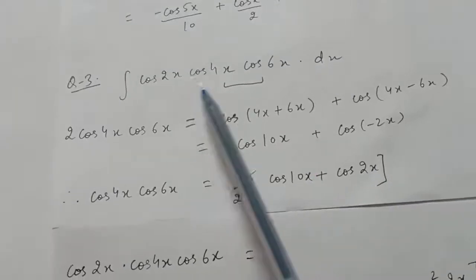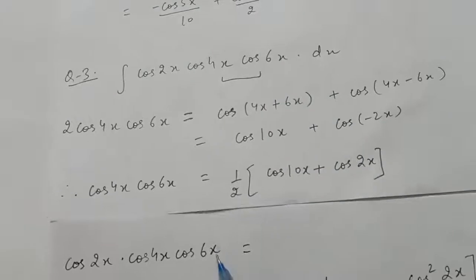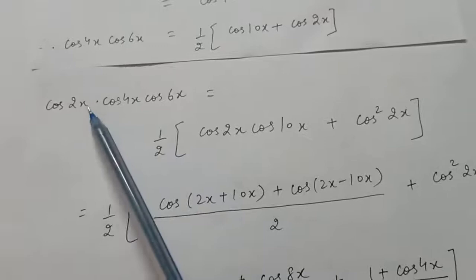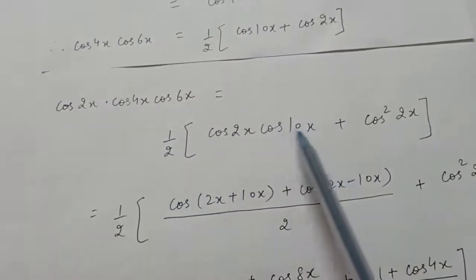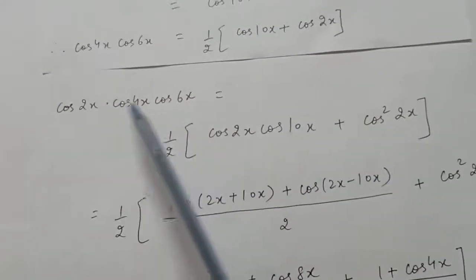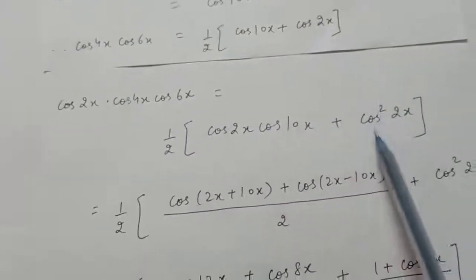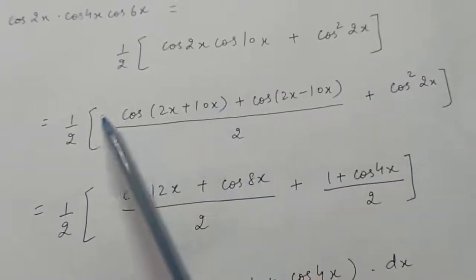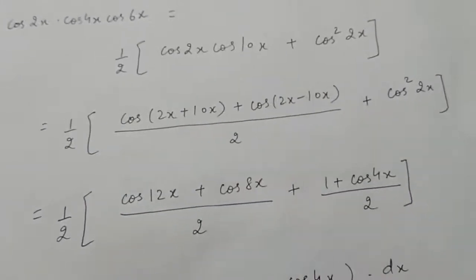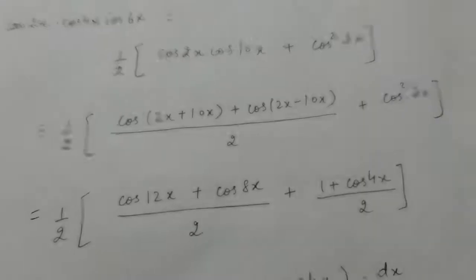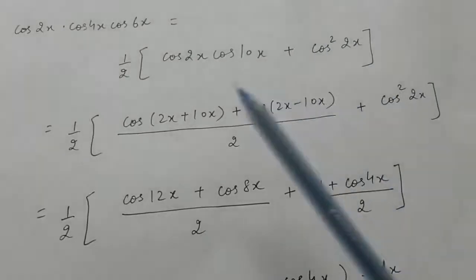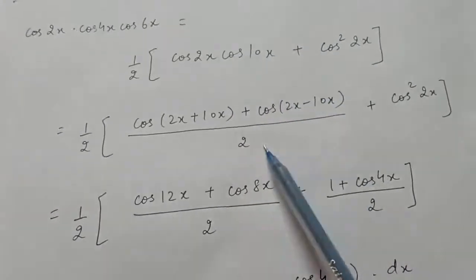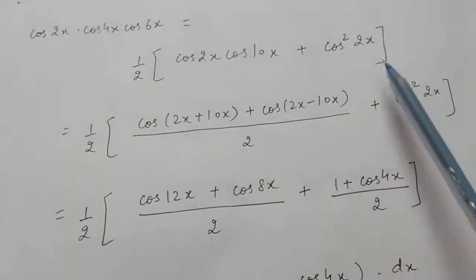Now this complete cos 2x into cos 4x into cos 6x will be 1 by 2 as it is. Multiply this cos 2x with cos 10x plus cos 2x with cos 2x, which is cos square 2x, right? Now 1 by 2 as it is, again apply the identity of cos A cos B. So you will get cos A plus B plus cos A minus B upon 2 plus cos square 2x as it is.